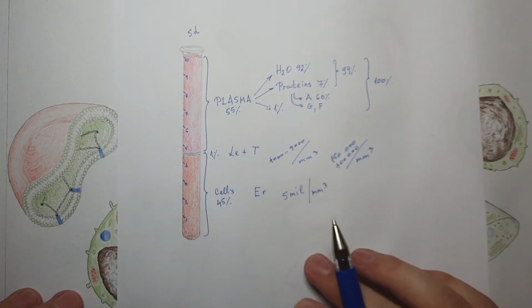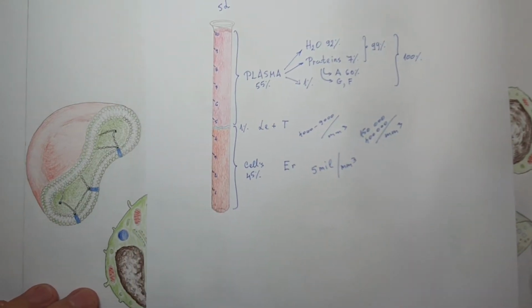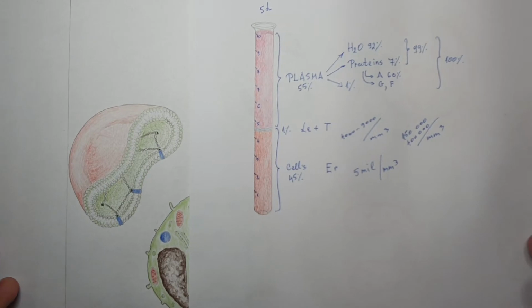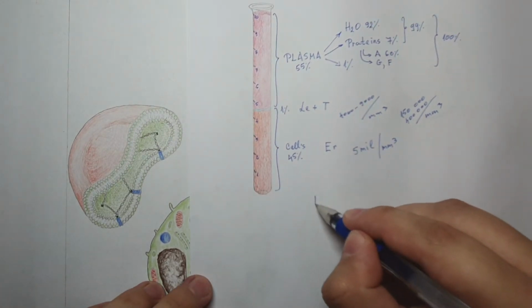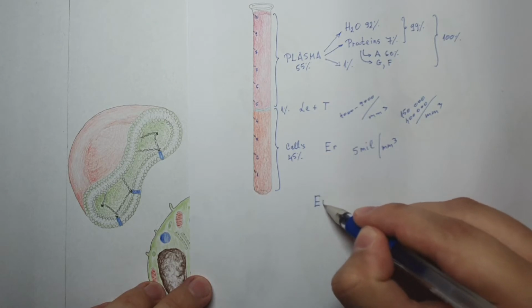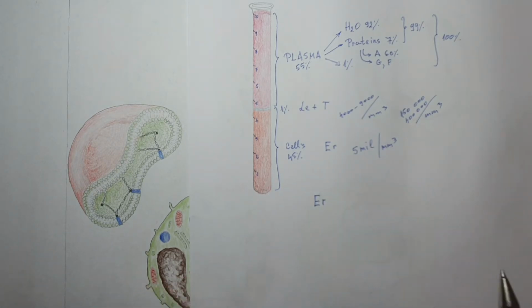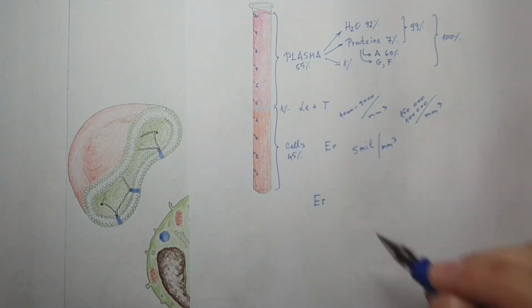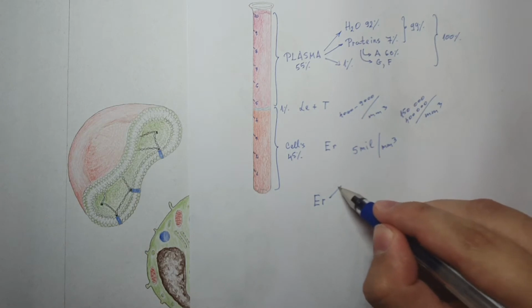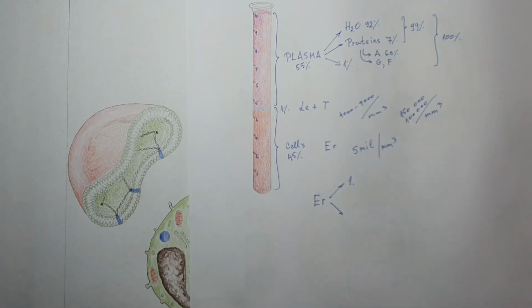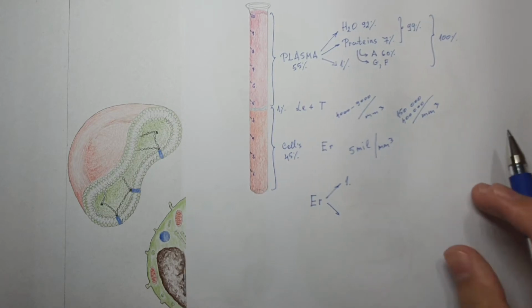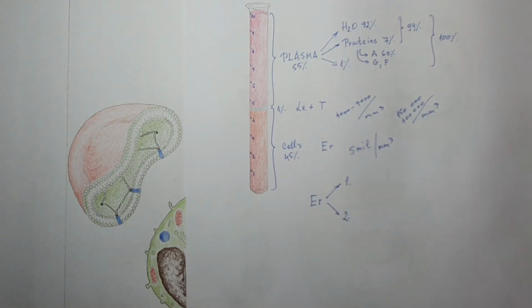So, if we now take a look at the erythrocyte, erythrocytes are cells that have the important function of gas transport. And in order to maintain this function and to function in the bloodstream, there are two key points to understand about the erythrocytes. First is their shape, and secondly, it's the cytoskeleton.